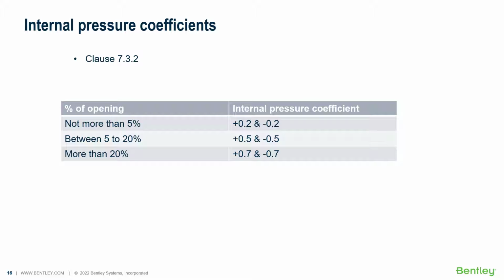Buildings with medium openings, between 5 to 20% of wall area, have to be checked for an internal pressure coefficient of 0.5 and negative 0.5. Buildings with openings larger than 20% have to be checked for an internal pressure coefficient of 0.7 and negative 0.7.